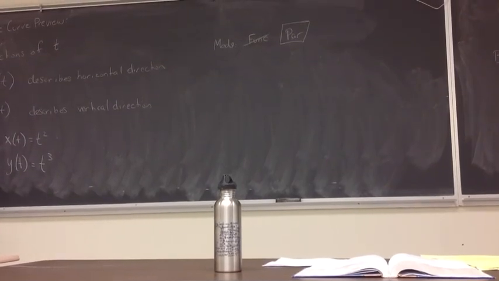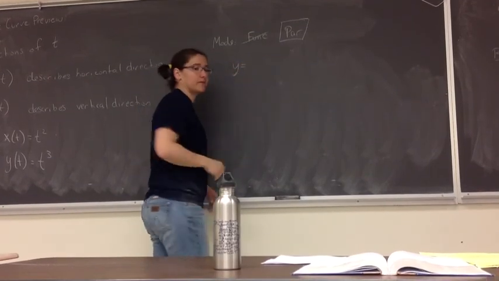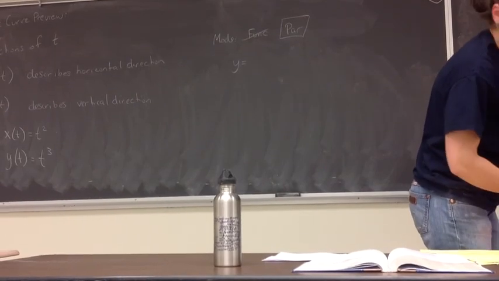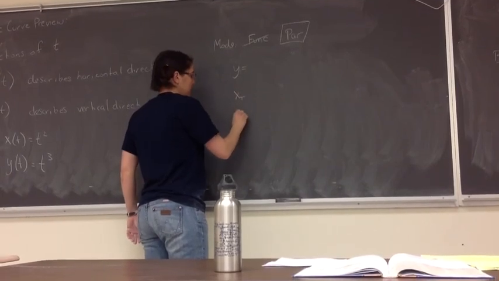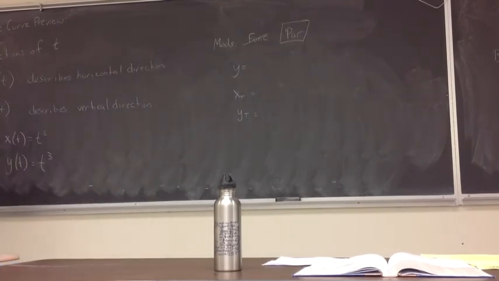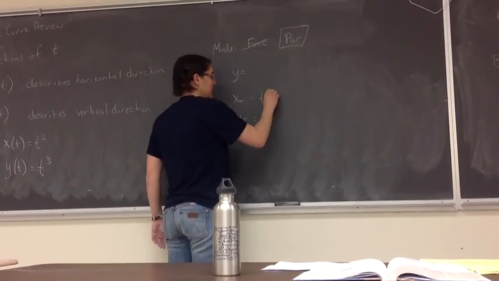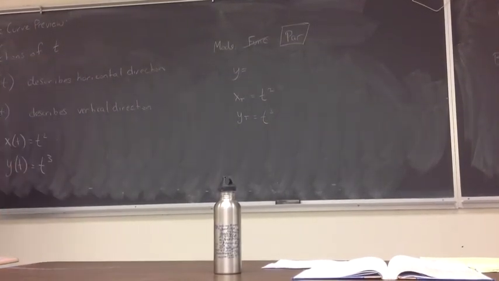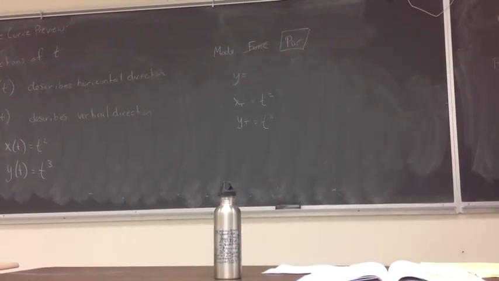When you click on that and go to graph for y equals, you'll end up with an xt and a yt. If you plug in t squared for the x and t cubed for the y and then hit graph, you'll get a picture.